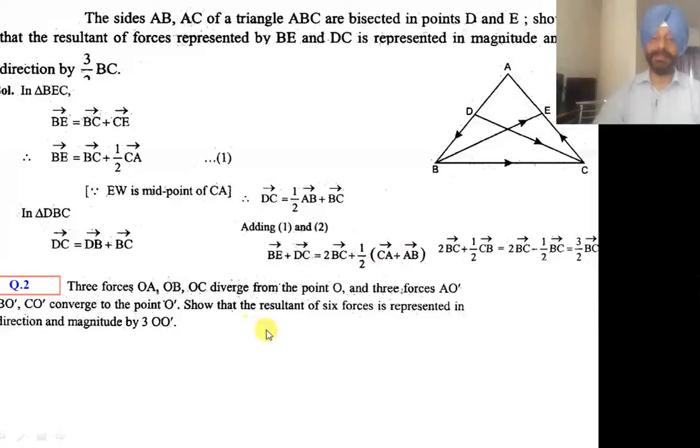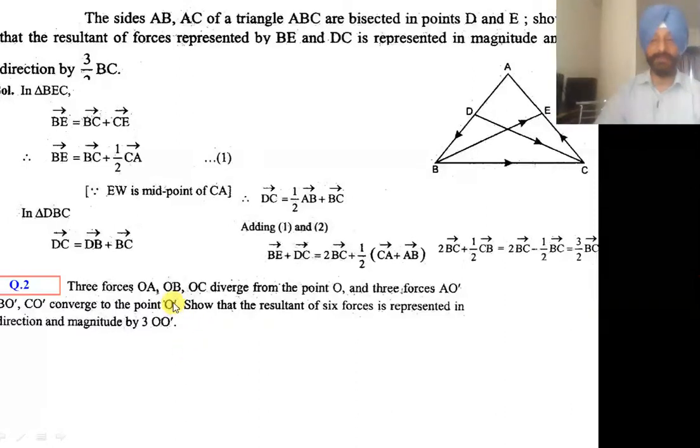Now come to the second. Three forces OA, OB, OC diverge from the point O, and three forces AO dash, BO dash and CO dash converge to the point O dash. Show that the resultant of the 6 forces is represented in direction and magnitude by 3 OO dash.